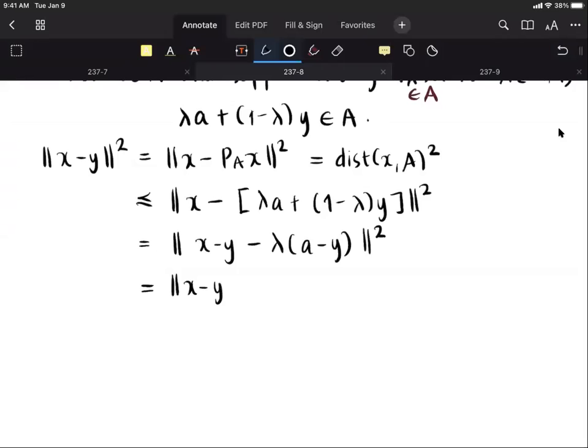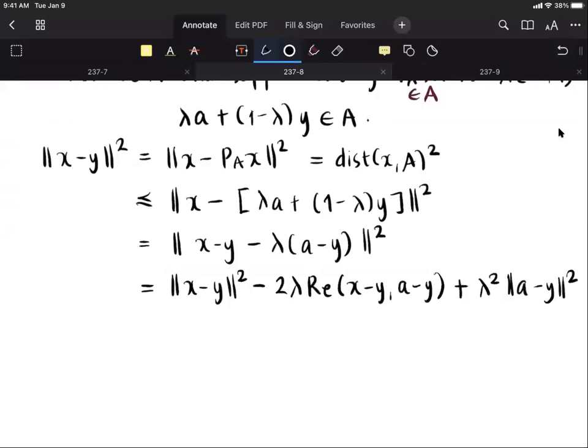So you will have the norm of x minus y squared minus 2 lambda times the real part. Take note that our form is sesquilinear, so it can be complex valued. So here you should take the real part. Plus, applying the homogeneity of the norm, you have lambda squared, norm of a minus y squared.